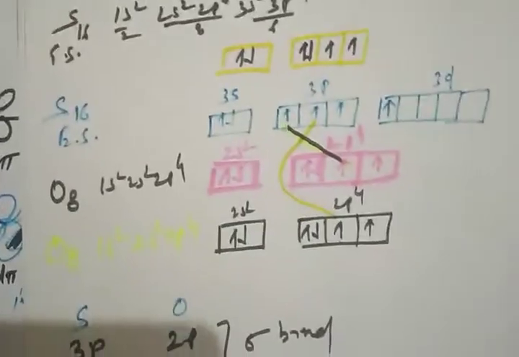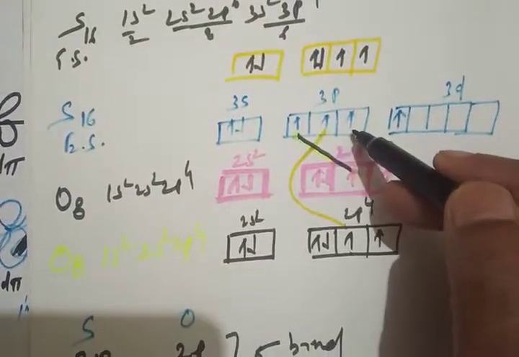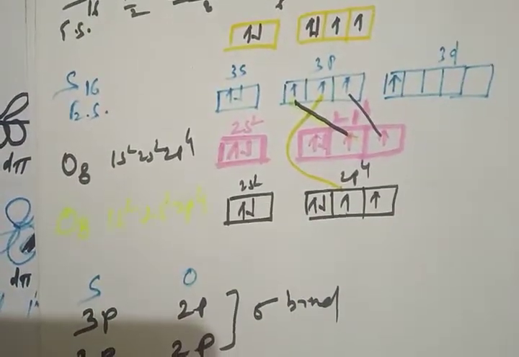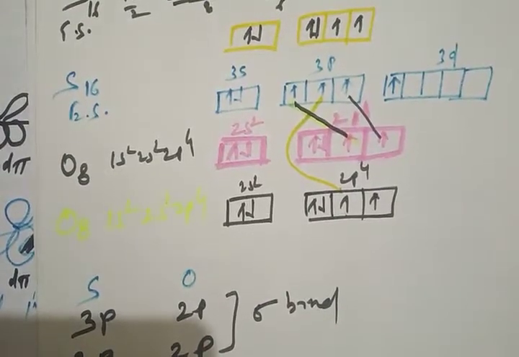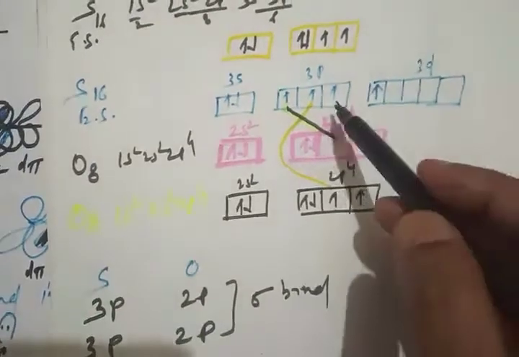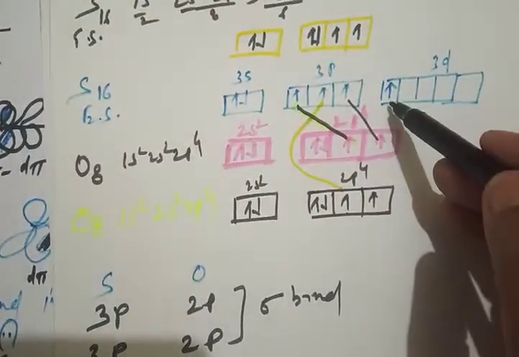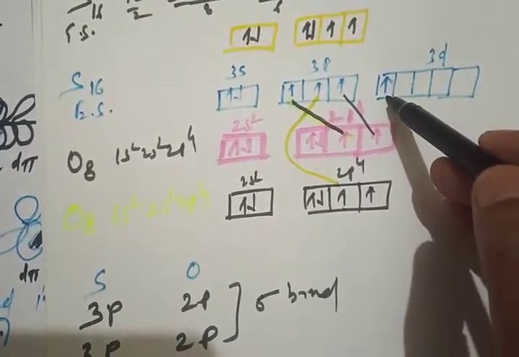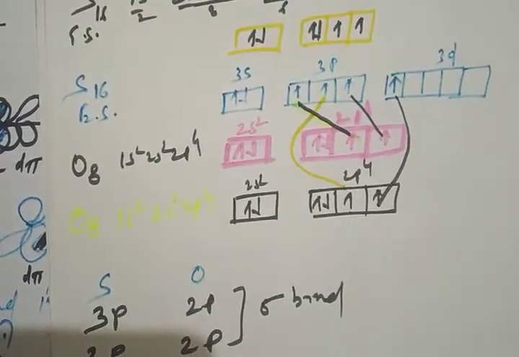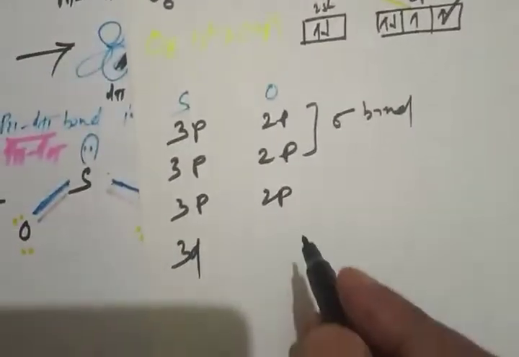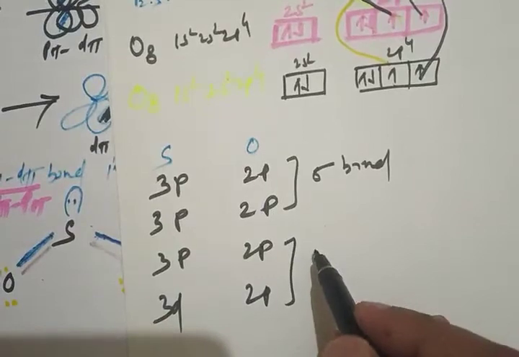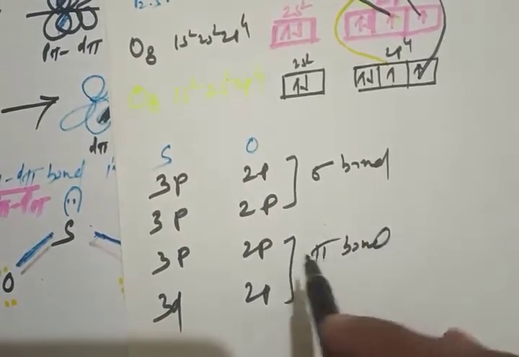So one pi bond will form by this, that means the 3p of sulfur and the 2p of oxygen, and another pi bond will form by this, very important one, the 3d to this 2p. So this is the pi bond.